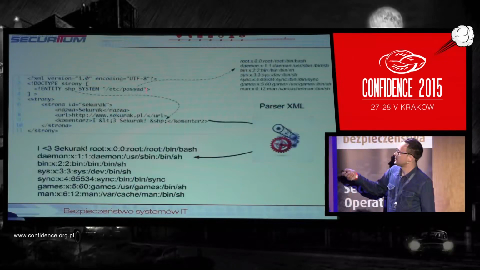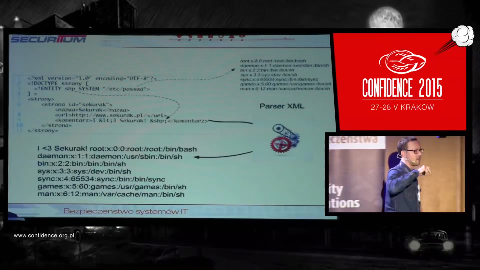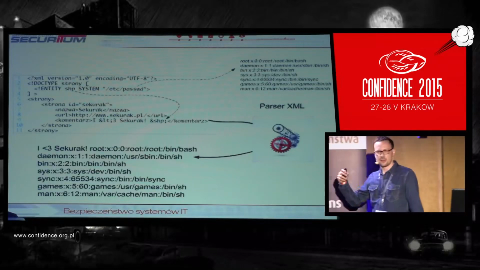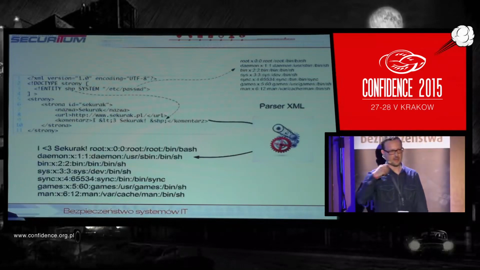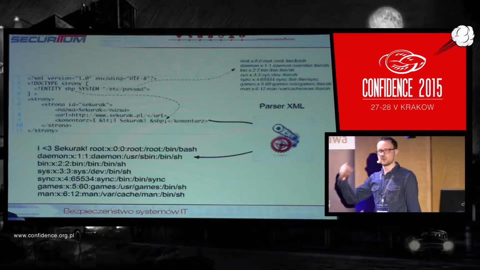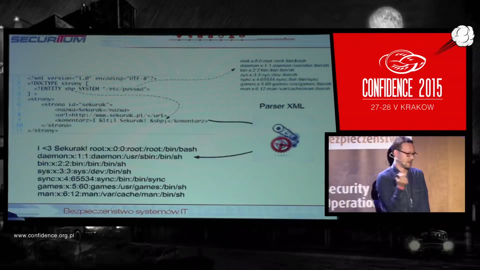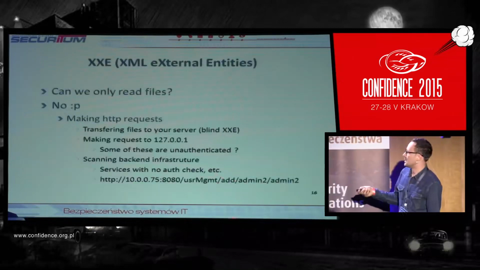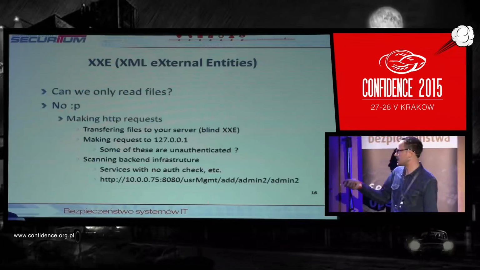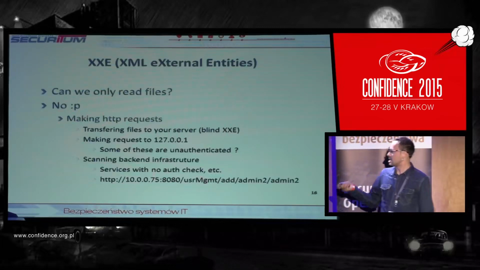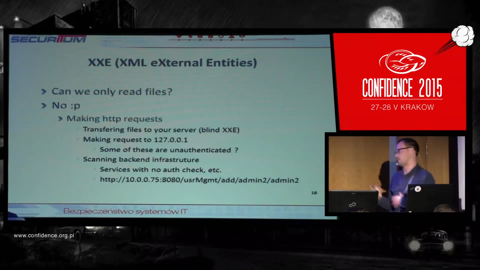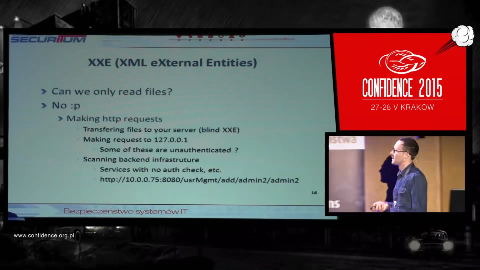So here, if I put HTTP 127.0.0.1, then the XML parser makes an HTTP request. We can also send files from the server using an HTTP request to our server. We can scan a backend infrastructure, making requests like this. Often such interfaces are not properly authenticated or have other bugs.